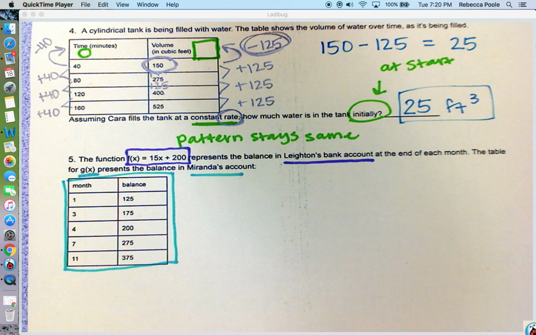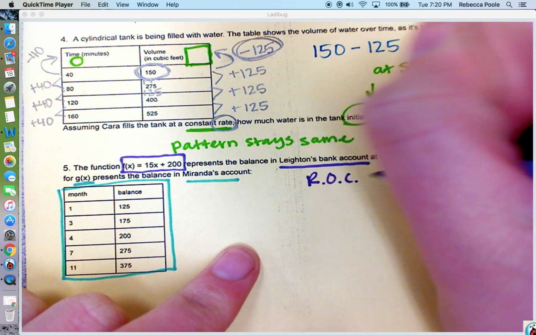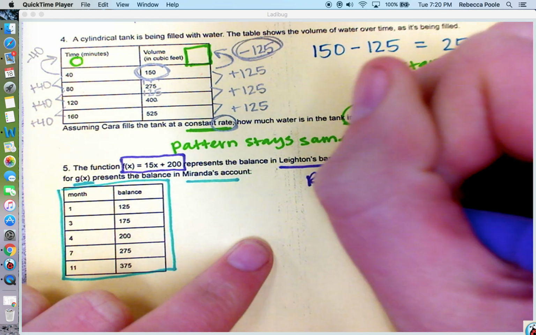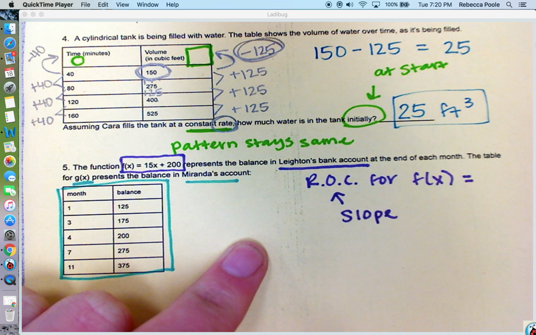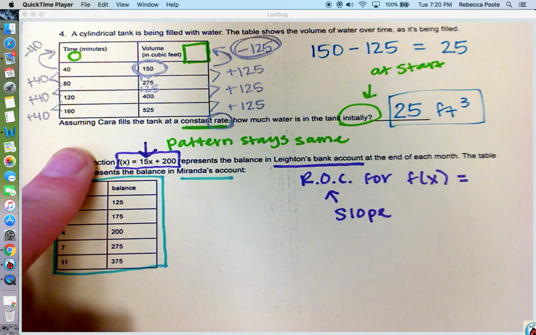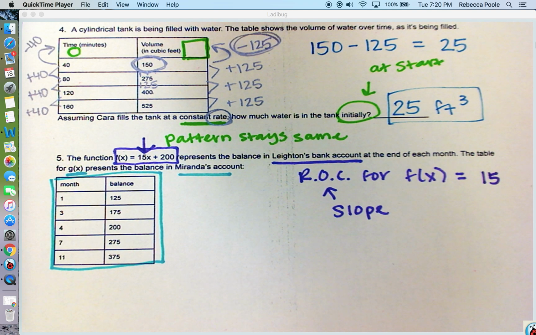I need the rate of change for my equation. So remember, rate of change is just the slope, okay? The slope is always the number that's touching the x, which would be a 15. So my rate of change for the equation is just 15, right?